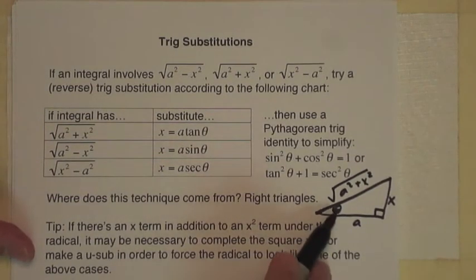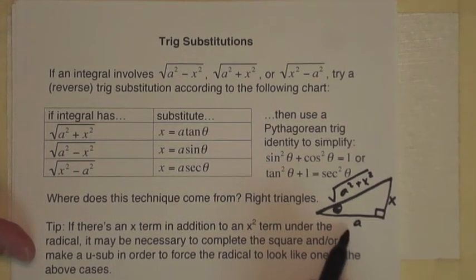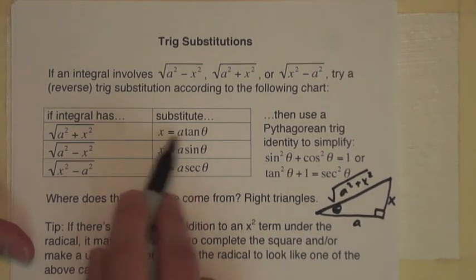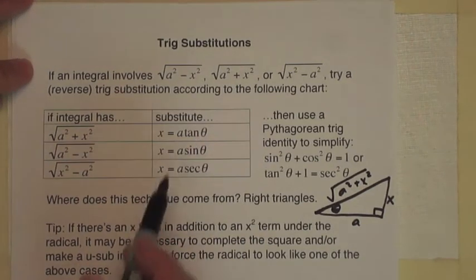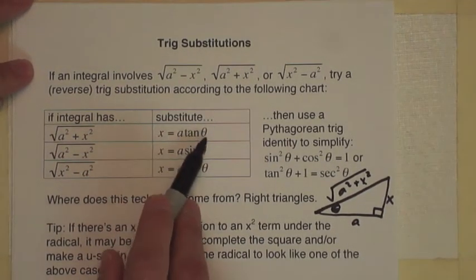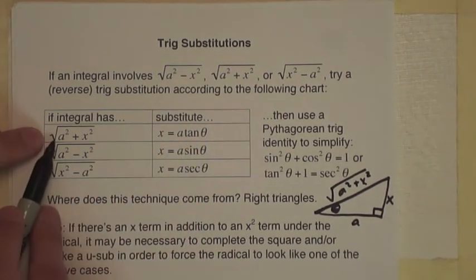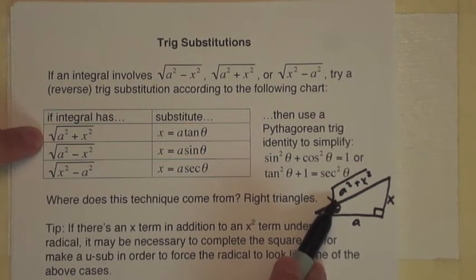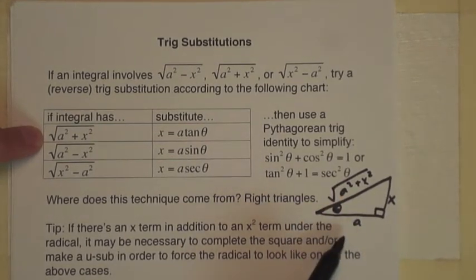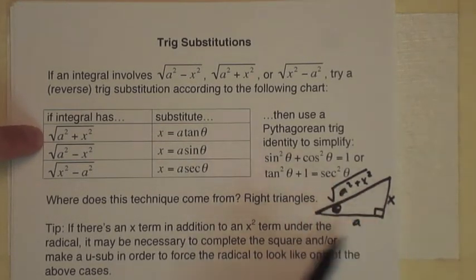Also, the tangent of theta would be opposite over adjacent, x over a, so x equals a tan theta is the same thing. So there is a relationship between x equals a tan theta and an expression like the square root of a squared plus x squared, which you can see both exhibited on this one triangle. And we're actually going to use right triangles to do these problems.